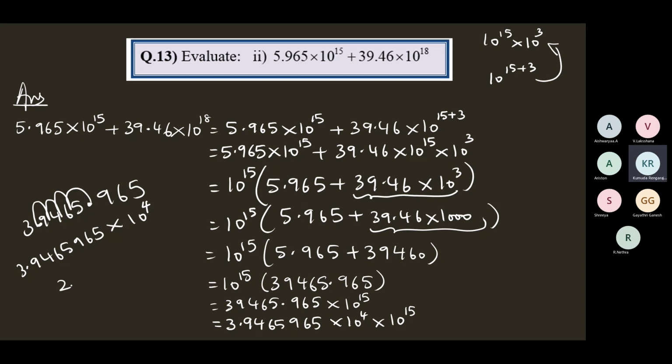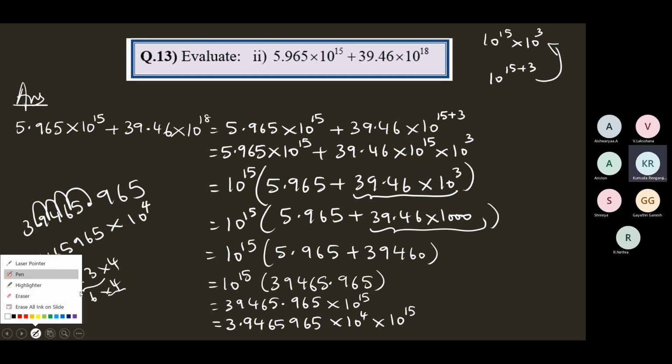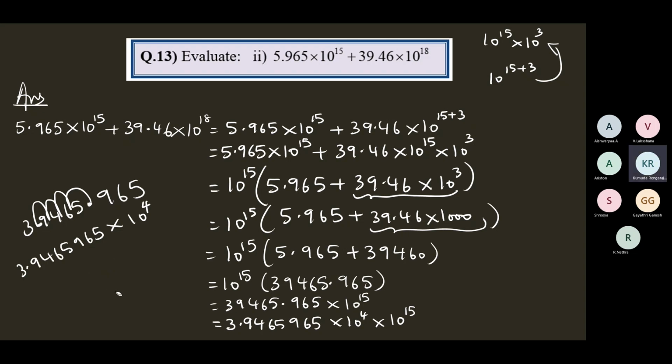See, if you have to do this multiplication, 2 into 3 into 4, what is 2 into 3? 6 into 4. That into 15 is there, no? So we're just getting it down. Yes or no? Yes, ma'am. Now I understood. We are not introducing that. It's already there in the earlier step and we write it down. See, this 10 to the power 15 is here.